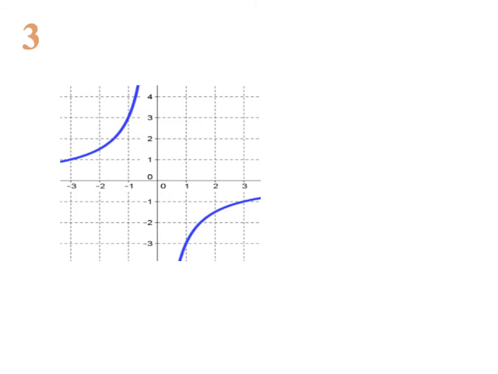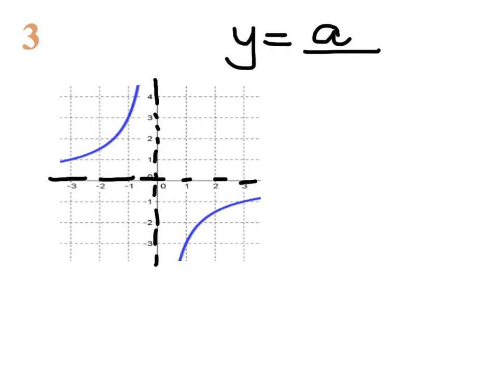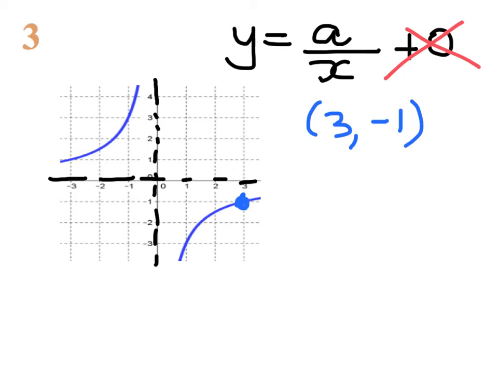Okay, graph number 3. So it looks again like the asymptotes might be here and here. So we'll give it a go, which means we think it's going to have functional form y equals a over x. Right, hasn't been shifted up and down, so it's just a plus 0. So that's good. Now we're looking for blobby points. Here's the first one at 3 and -1.